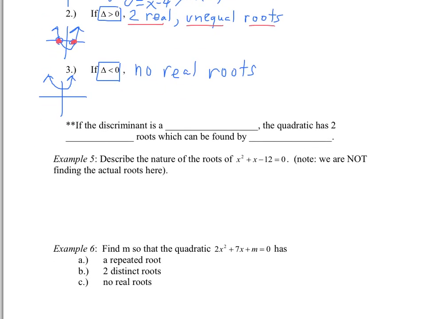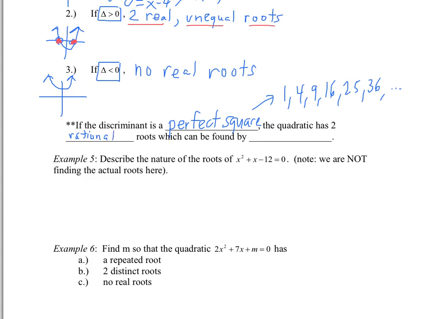Some further information. If our discriminant is a perfect square, something like 1, 4, 9, 16, 25, 36, etc. If we have a perfect square like that, that tells us that our quadratic has two rational roots.